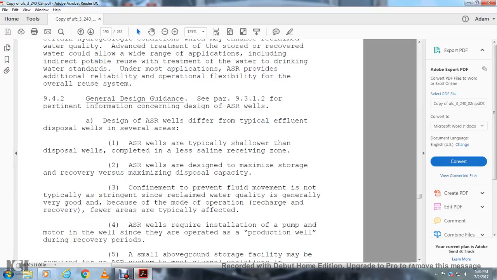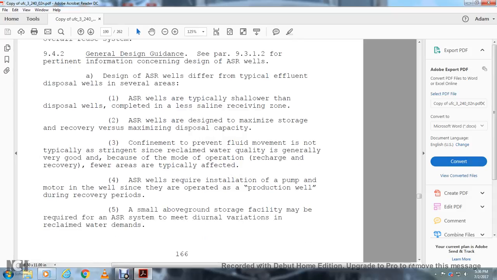The aquifer storage recovery wells are designed to maximize storage and recovery versus maximizing disposal capacity. 3. Confinement to prevent fluid movement is not typically as stringent, since the reclaimed water quality is generally very good, and because of the mode of operation, recharge and recovery.